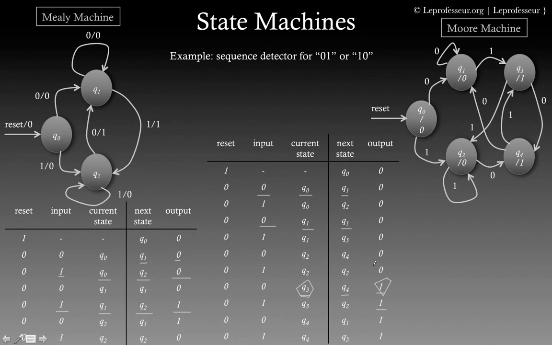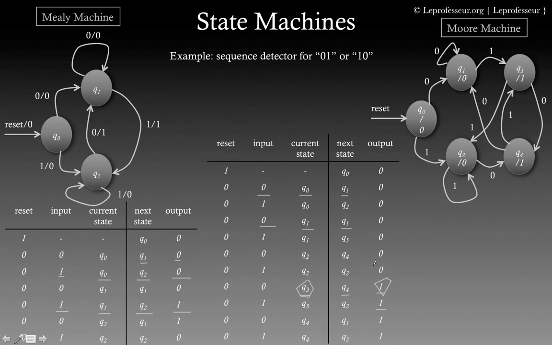So see the difference in Mealy and Moore machine. The fundamental difference is very little, but that little difference makes a big difference in the circuit realization, or when you're going to synthesize your logic circuit.